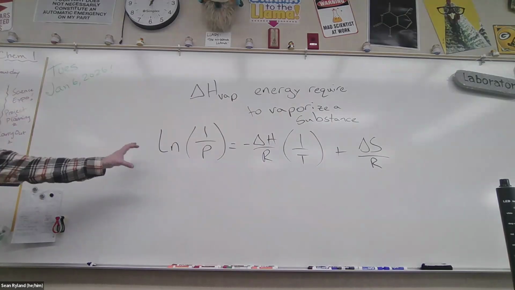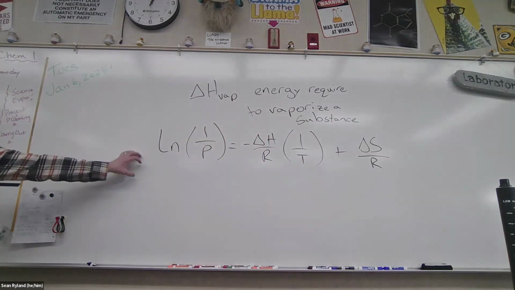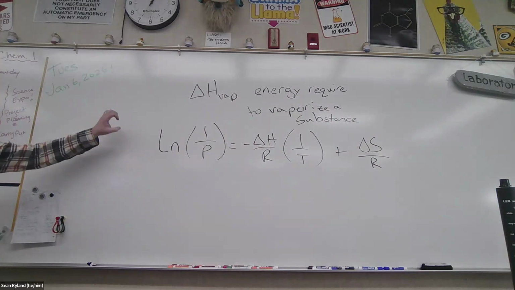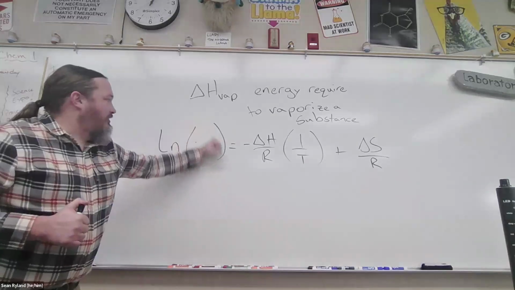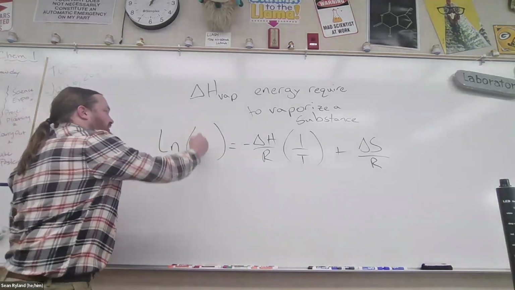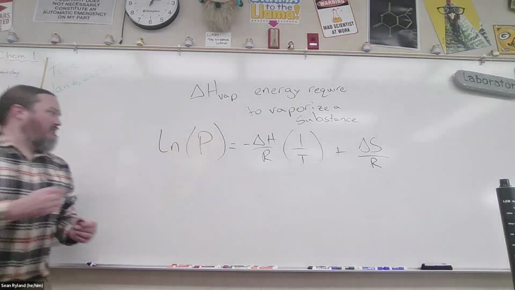The reason that I'm spending any time on this, since I told you I'm not going to put this on the test, is that this is a really complicated equation. But what this actually tells us is that it's not 1 over P, it's just P. That's what the issue is. That doesn't quite look right.